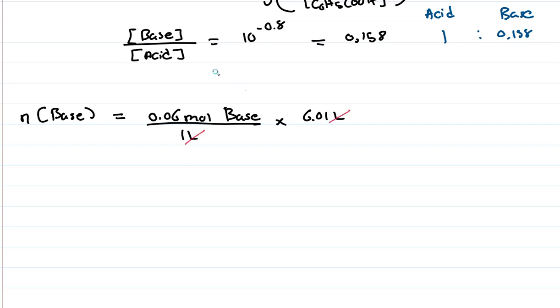That goes out, and we have 0.06. Multiply that by 6.01, and we get the number of moles of the base, which is 0.3606 mole of the base.